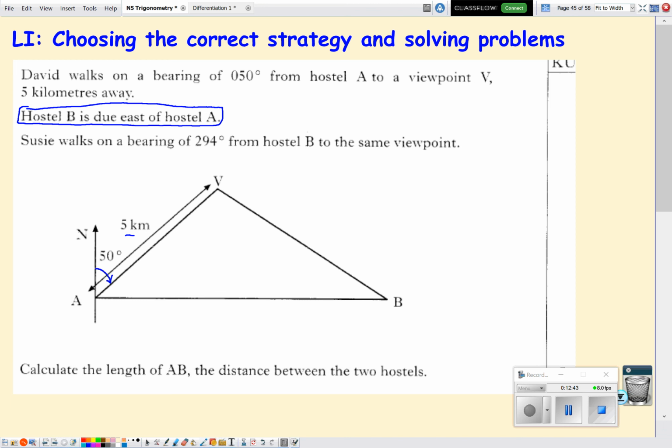And that clue there, that I've put the box around, is your first clue to working out angle A. Because if B is due east of A, then this has to be a right angle from the north line to B. So if that is a right angle, and it's 50 degrees to here, well here must be 40 degrees. And that sort of thing to look out for is quite common in a lot of bearings questions, okay?